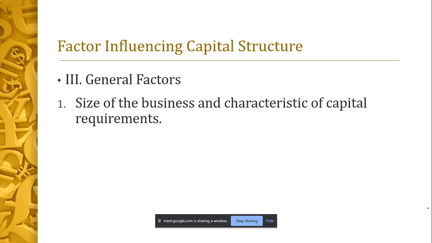And characteristics of capital requirement is nothing but what kind of funds are required by that particular organization to build its capital. It can also be seen that even large firms issue new securities to the public.